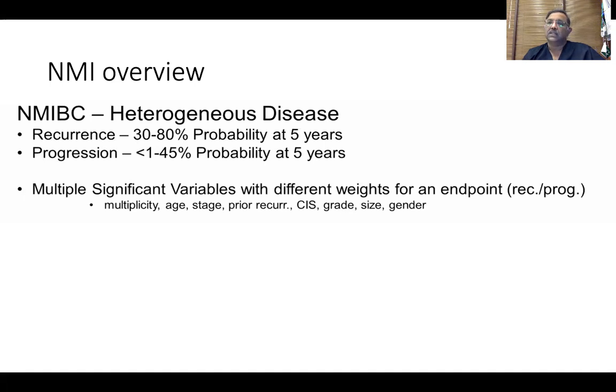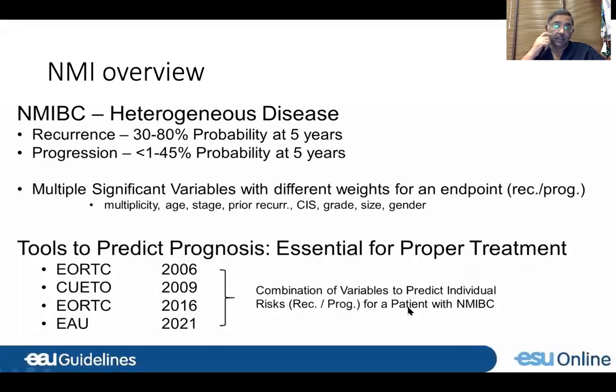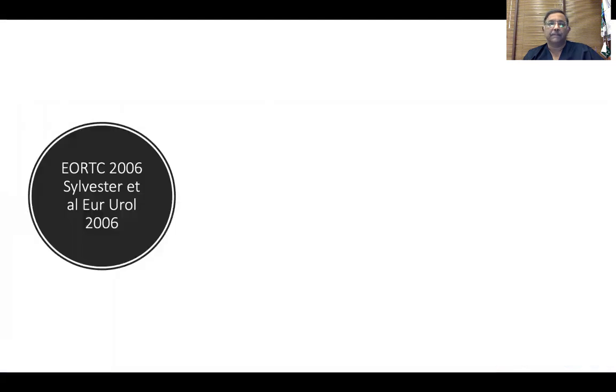So over the last 16 years, we had actually 4 different risk calculators: the EORTC 2006, Kyoto 2009, and then we had 2016 EORTC, and then last year the EAU risk calculator was described. So we're going to look at all these 4 models briefly and what was their utility.